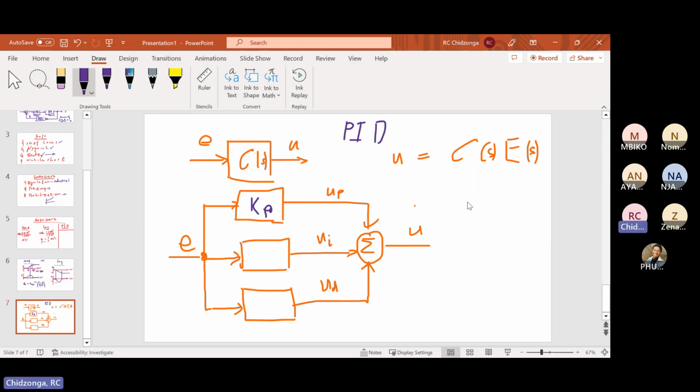The proportional signal, U subscript P, equals Kp times E. And then this second one is called integral, right? So we can write Ki.